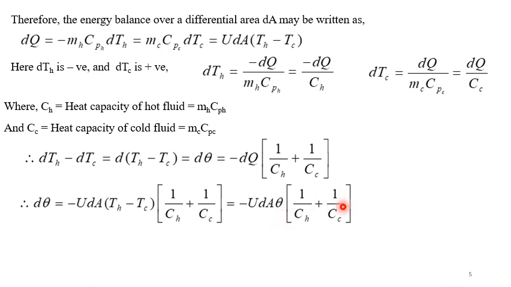Now what we can do is bring this theta over here, so that it becomes d theta by theta equal to minus U into dA into (1 by Ch plus 1 by Cc). That is the next step that you can see over here. So now, that is for the elemental area dq we got.